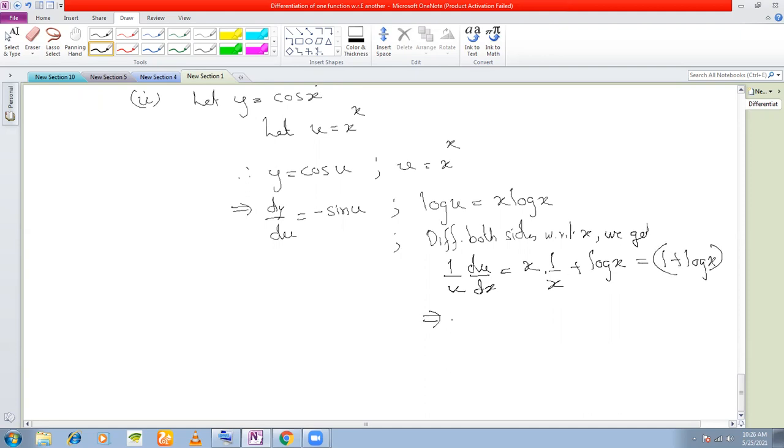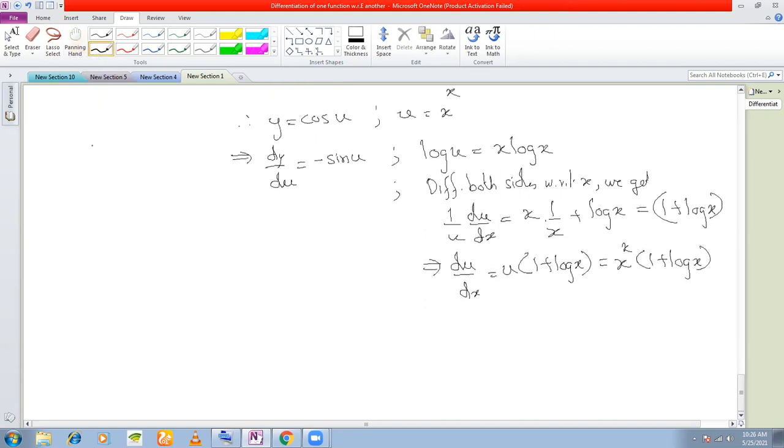So that means what is du dx? U times 1 plus log x. What is u? X to the power of x into 1 plus log x. So therefore by chain rule, what should be dy dx?